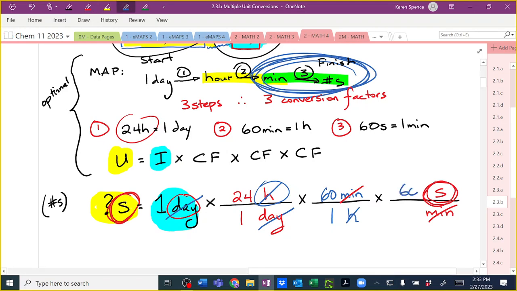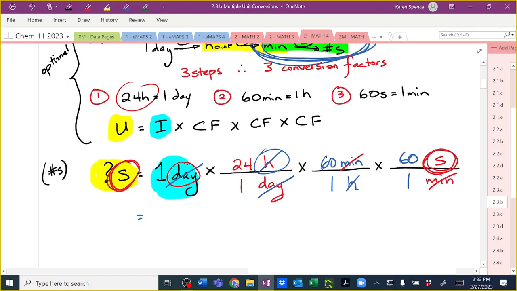There are 60 seconds per 1 minute. Toss that through our calculator, we get 24 times 60 times 60 equals 86,400 seconds. And if you were really kind to the person marking your paper, you will put a box around your final answer.